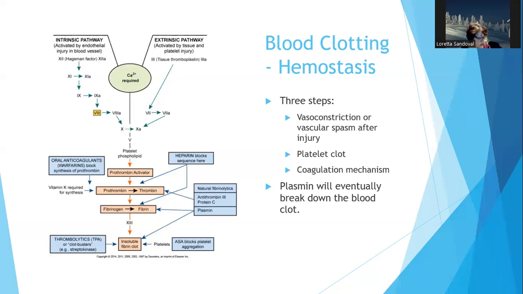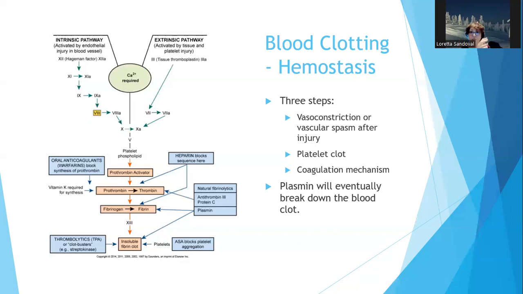A lot of the clotting factors are present in inactive form in the circulation. Once they're activated, they go through a series of reactions that help clot the blood. I don't expect you to know the whole sequence of hemostasis, but basically it's a cascade of events and they're different factors.